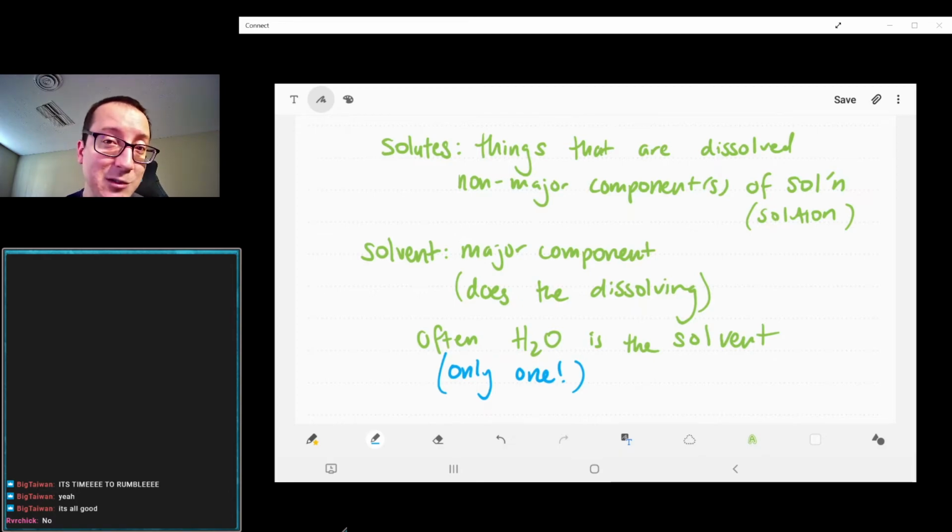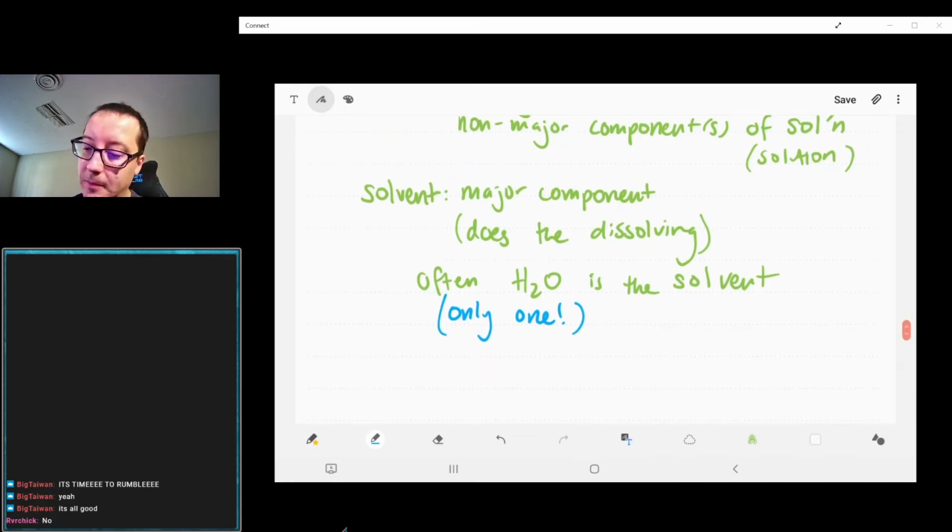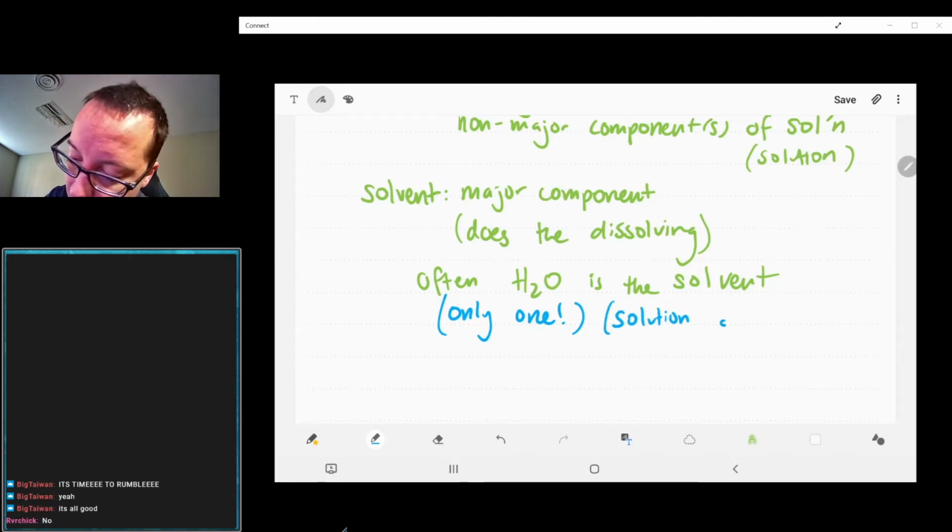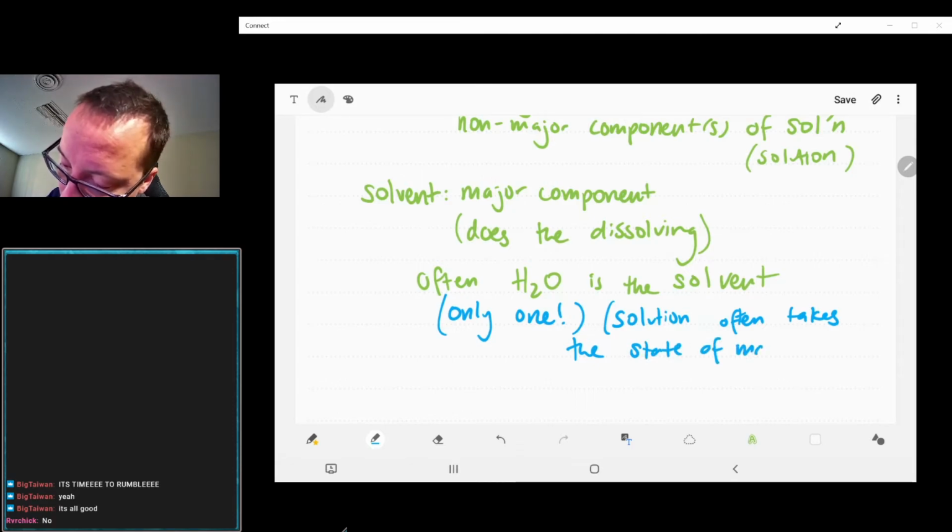You have to have at least one solute and only one solvent. Actually, one more thing. The solution often takes the state of matter of the solvent.